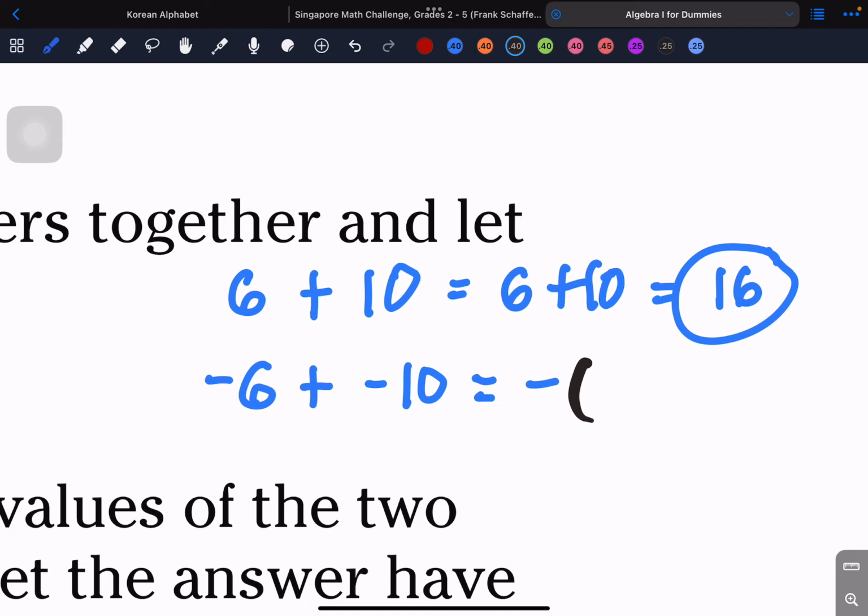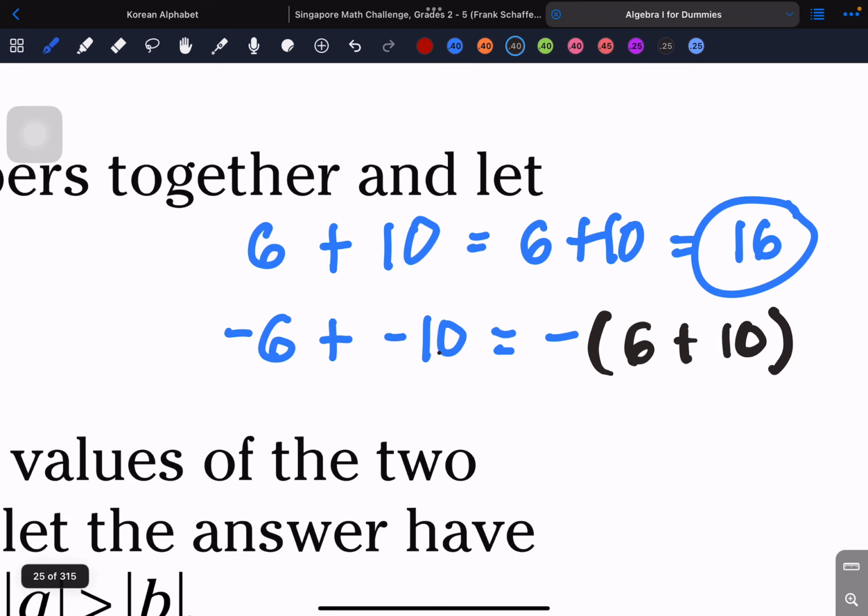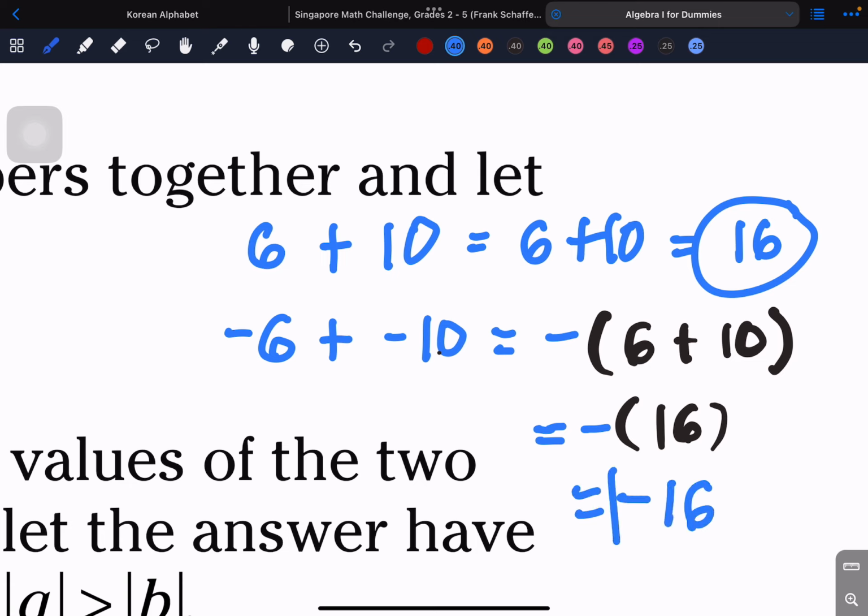Ang absolute value ng negative 6 ay 6. Ang absolute value ng negative 10 ay 10. So, ipag-add mo lang yan. Ngayon, magkakaroon ka ng answer na 16. Pero, outside of your parentheses, you still have the negative sign. So, negative times a number, that is negative of that number. So, our answer is negative 16.